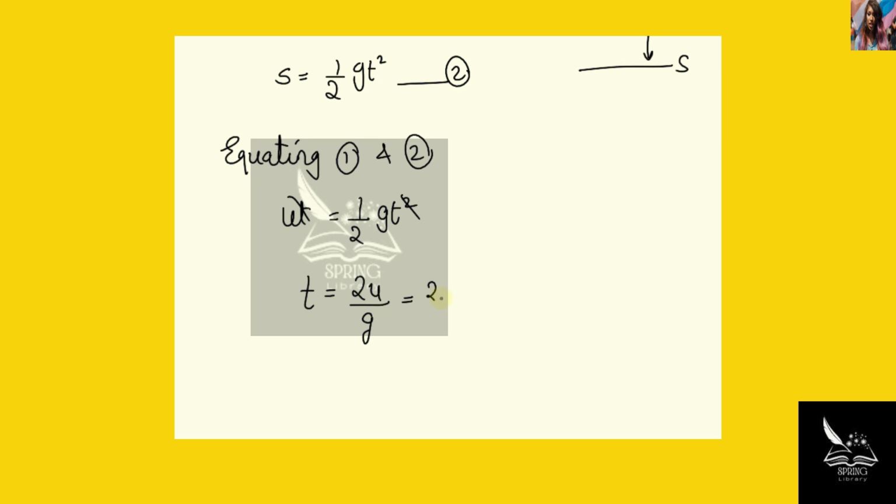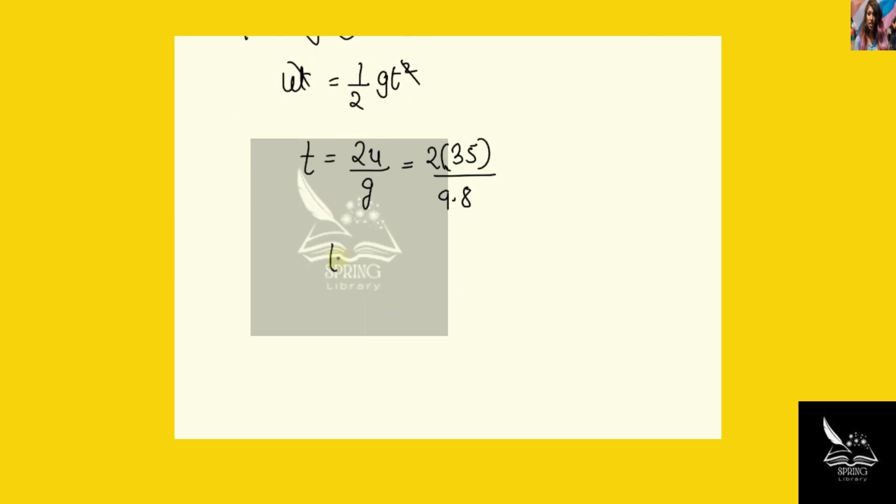So t will be 2 into the speed of Superman, 35, divided by 9.8. If we calculate this, the time turns out to be 7.14 seconds. So this is the time at which they will meet.